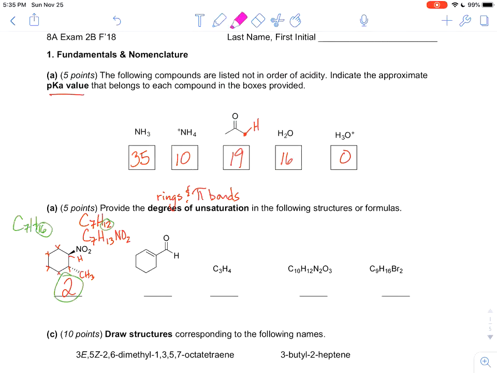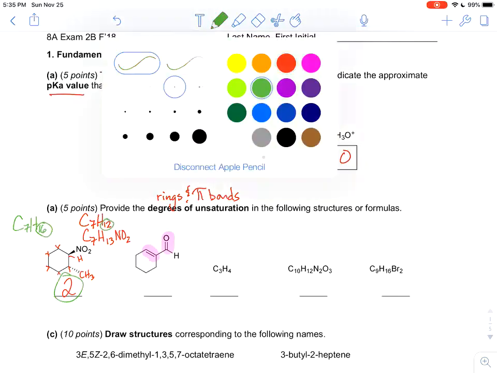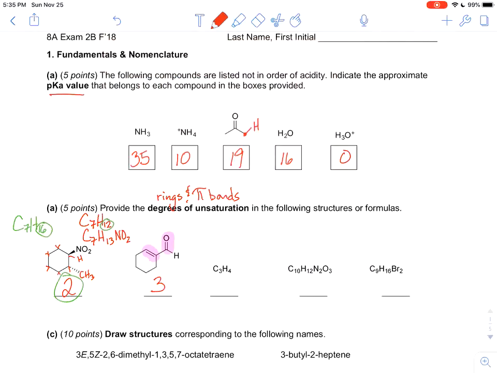Next one, a bit more straightforward. We have 1 ring. We have 2 pi bonds, 1, 2, so that's a total of 3 degrees of unsaturation. We're going to have to do the hydrocarbon equivalent and the fully saturated comparison for the remainder of these compounds.